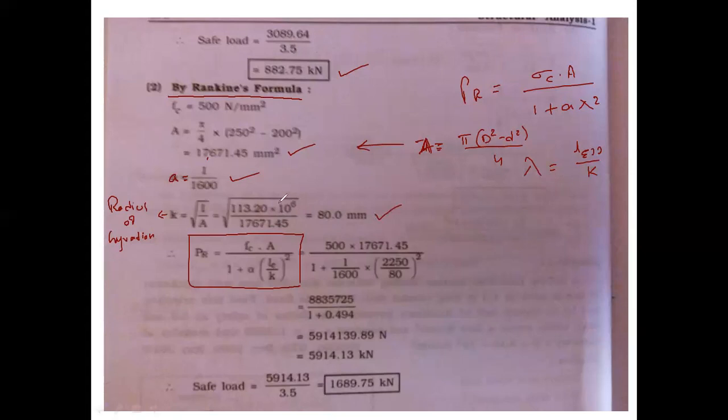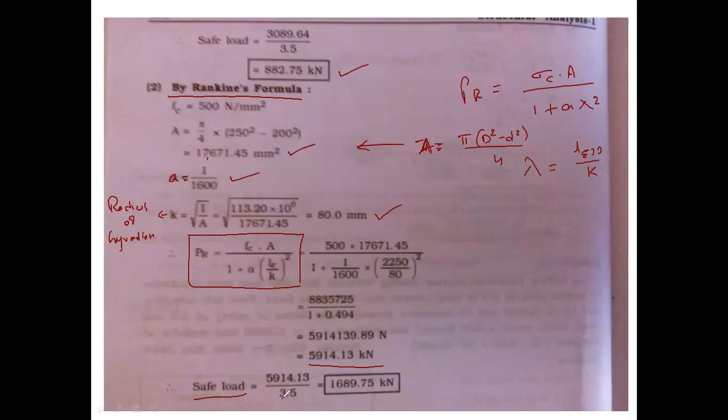So substitute all these values here. Sigma C is 500, which is given in the problem itself. 500 into cross sectional area by 1 plus this. After calculating, you will get the crippling load with the Rankine formula as 5,914.13 kilonewton. And the safe load is how much?